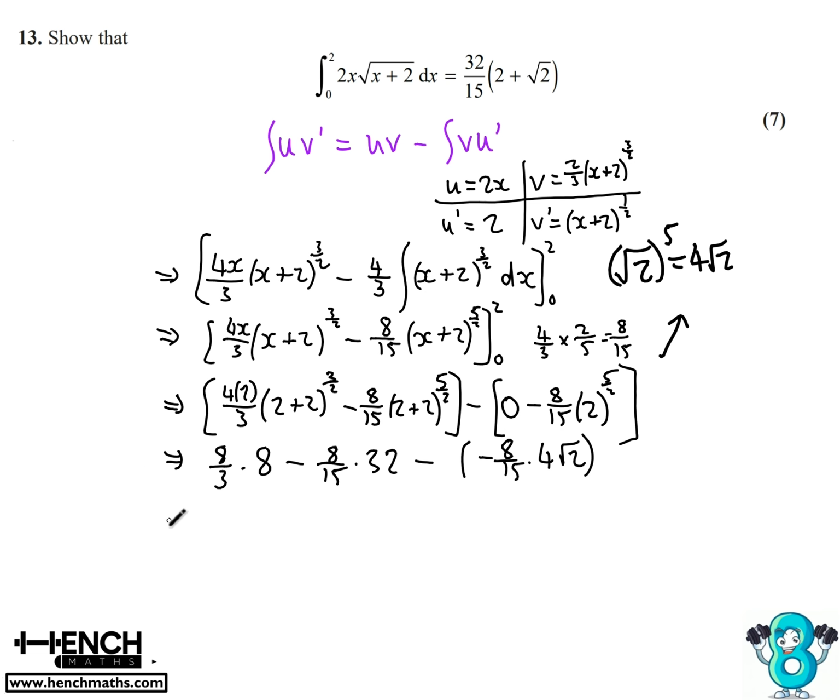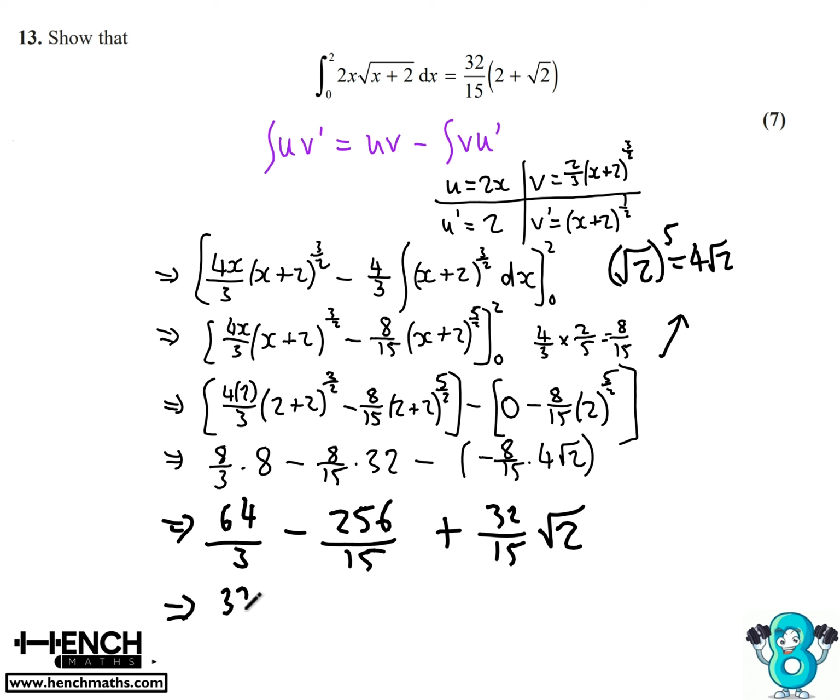So let's sort these fractions out. So we've got 64 over 3. 32 times 8 is, so 240 plus 16 is 256 over 15. And then 4 times 8 is 32, so you've got the double negative, so you've got positive 32 over 15 root 2. Do use a calculator. Combining these fractions, if we've got a common denominator of 15, so 64 times 5 is 320. So you've got 320 over 15, subtract 256 over 15, plus 32 over 15 root 2.